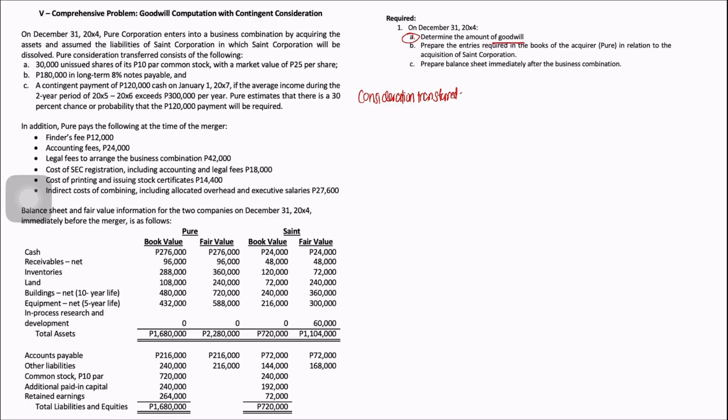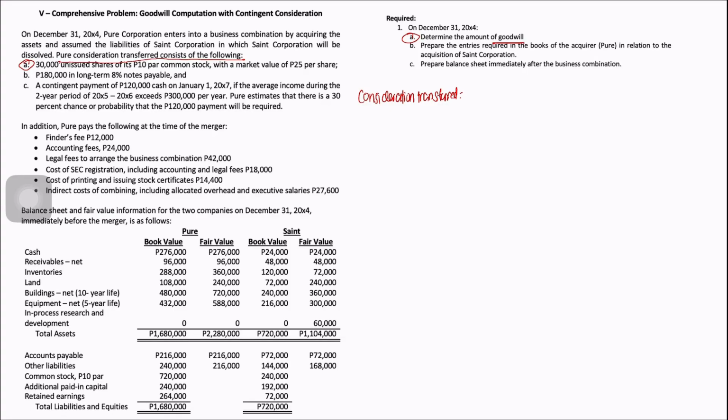According to the problem, consideration transferred consists of the following. First, 30,000 unissued shares of its 10 pesos par common stock with a market value of 25 pesos per share.